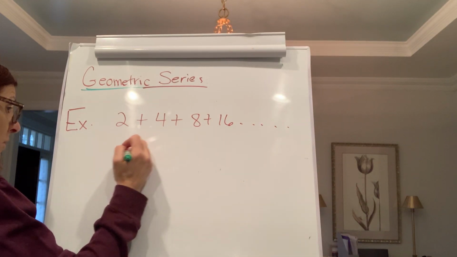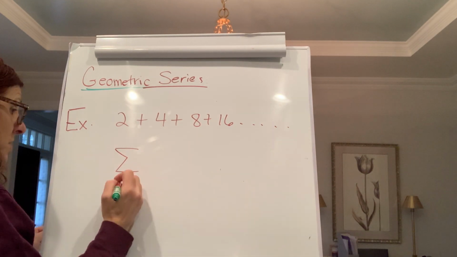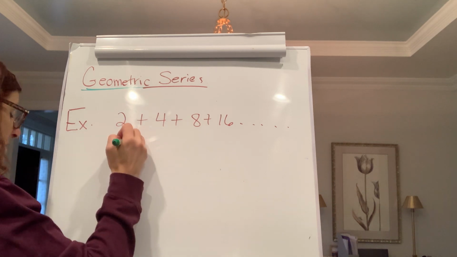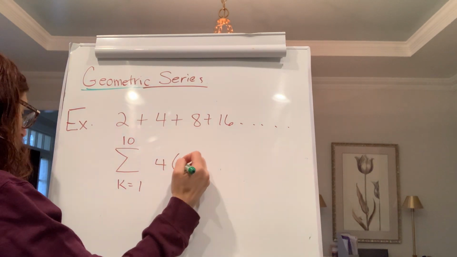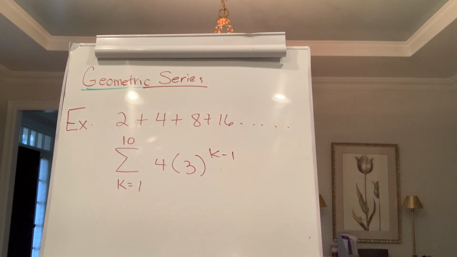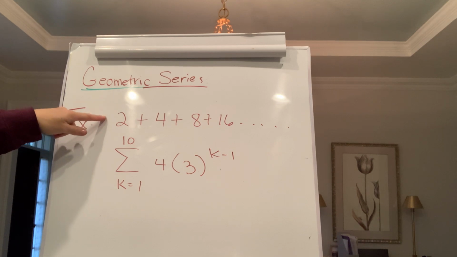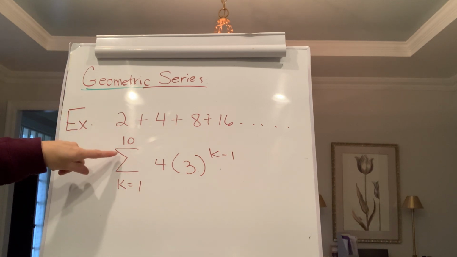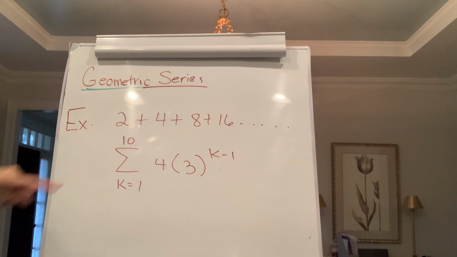Or another example, it could be written in summation notation: k equals 1 to 10 of 4 times 3 to the k minus 1. Again, to get from here to a sequence like this, I just plug in 1, 2, 3, 4, 5, 6, 7, 8, 9, 10.